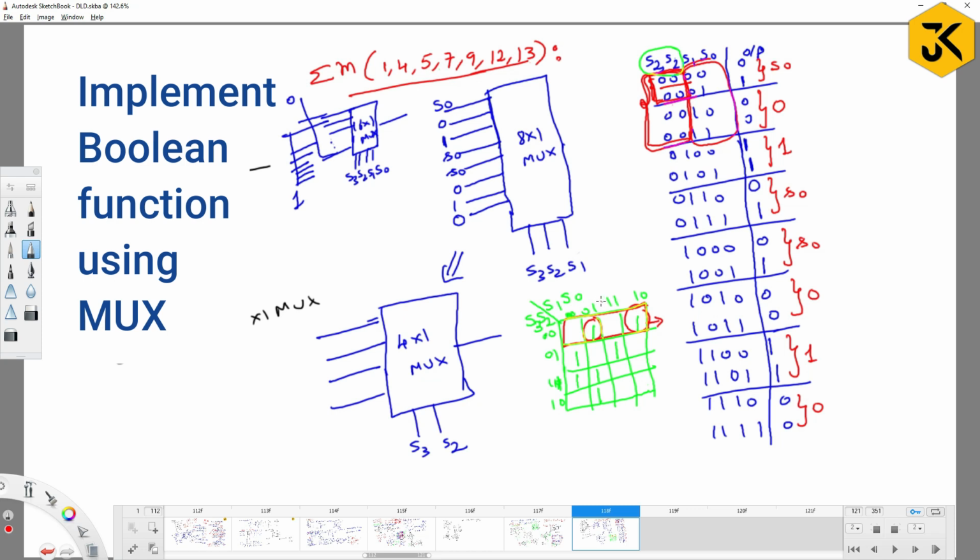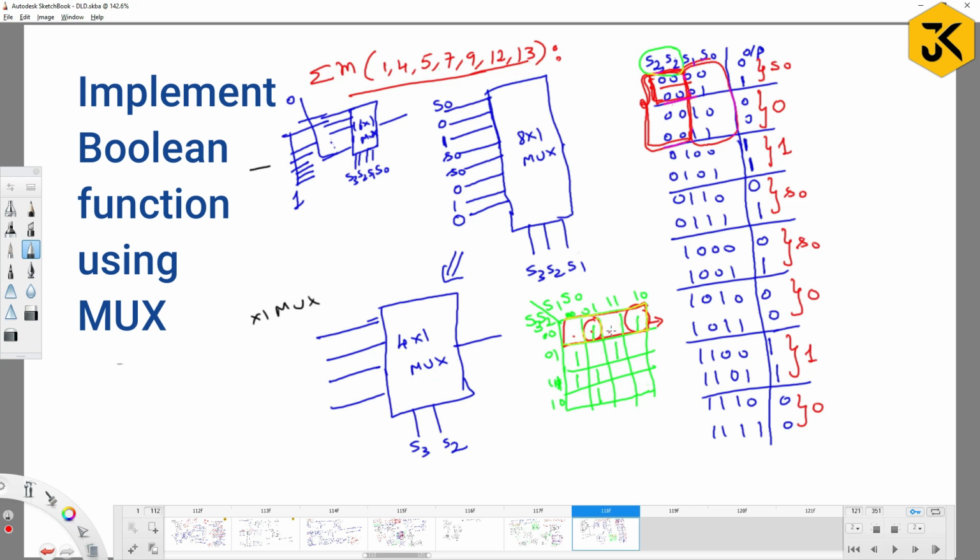Is there any mistake? What happened, ma? So let me know if there is any mistake. So let me clarify. This as 0, 1, 2, 3.